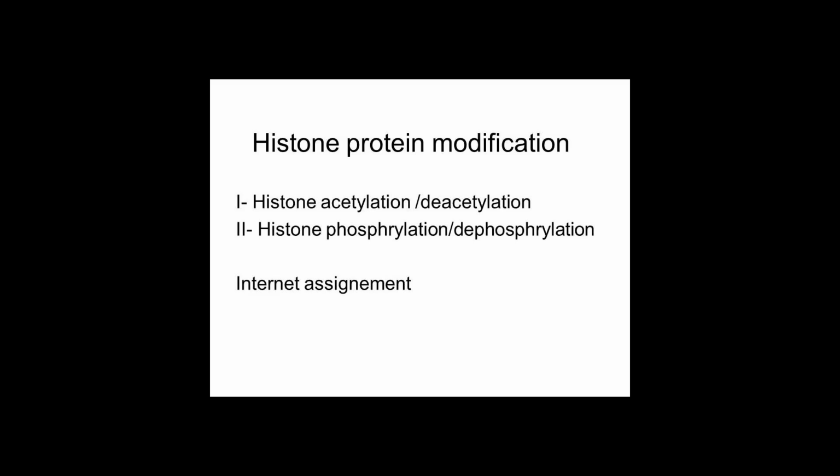HDAC3 has even been found to interact with the plasma membrane. Silencing mediator for retinoic acid and thyroid hormone receptors, SMRT, and nuclear receptor co-repressor, NCOR, factors must be utilized by HDAC3 in order to activate it. Upon doing so, it gains the ability to co-precipitate with HDACs 4, 5, and 7.